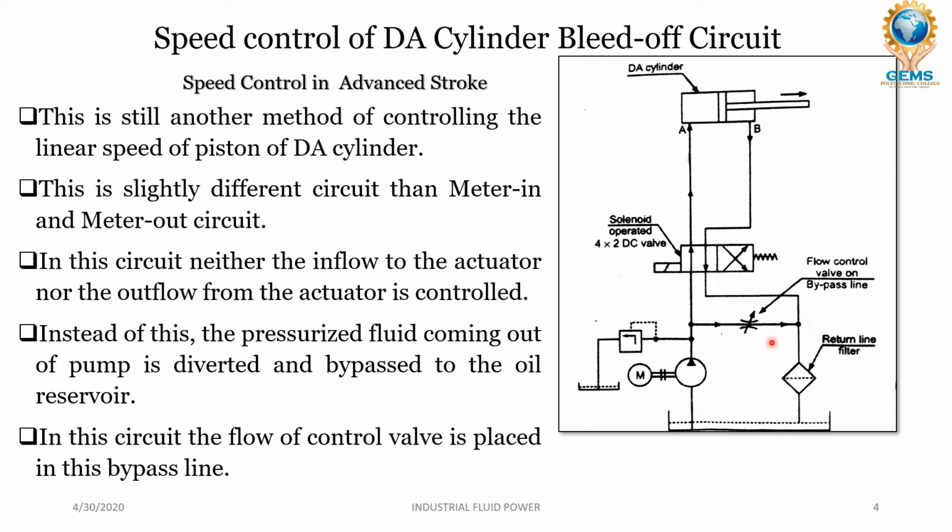And in the diverter, there we have a flow control valve. So bleed off is, here initially itself we have diverted the oil flow. In this circuit, the flow control valve is placed in this bypass line.